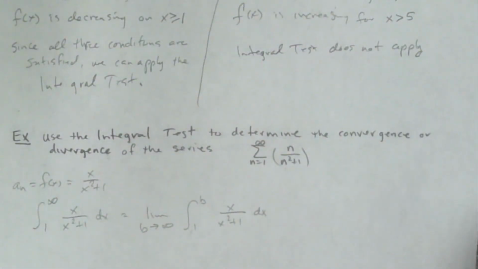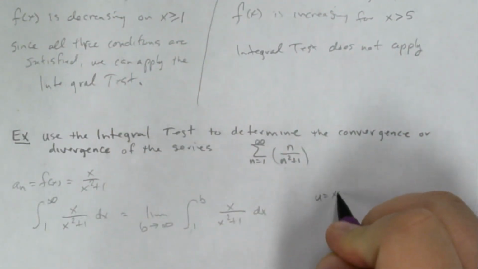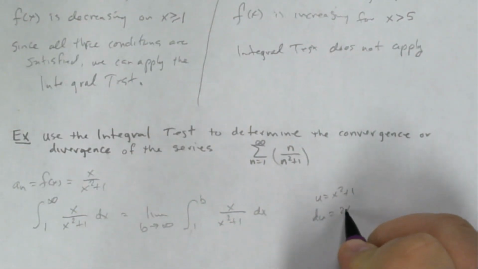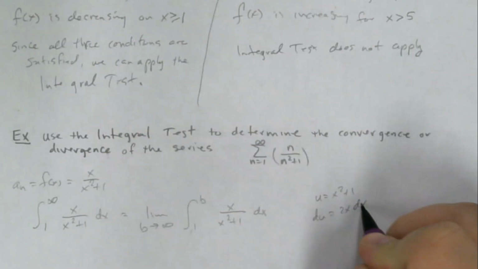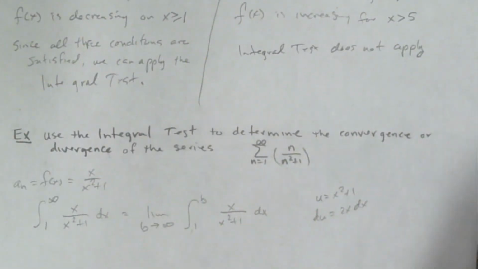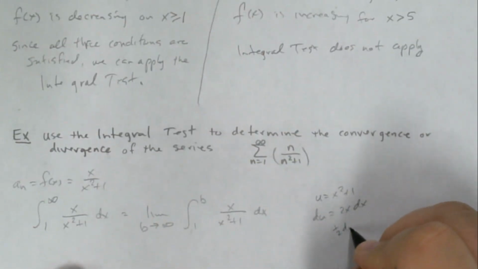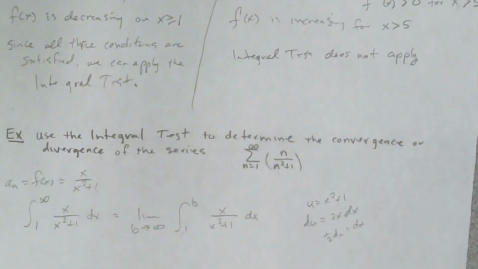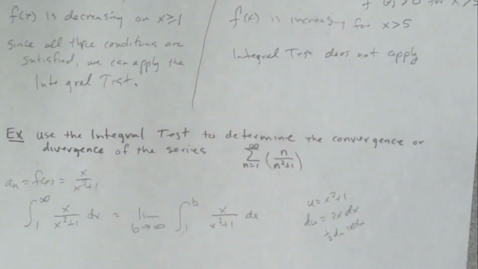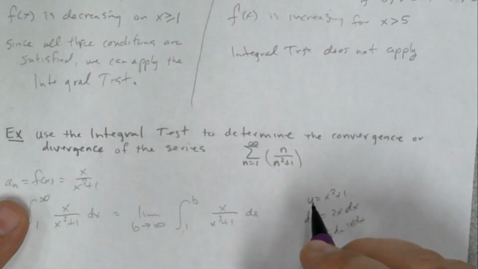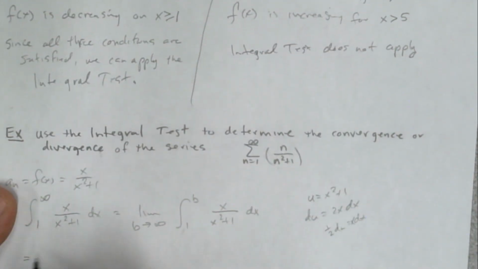Okay, and so we want to integrate this, so we're going to set up our u substitution. So if u is x squared plus 1, then du is 2x dx, which means 1/2 du is x dx. So we can come over here and integrate this now and end up with 1/2 the natural log of the absolute value of x squared plus 1.